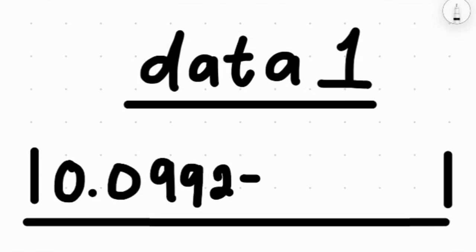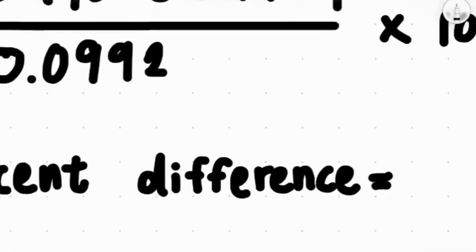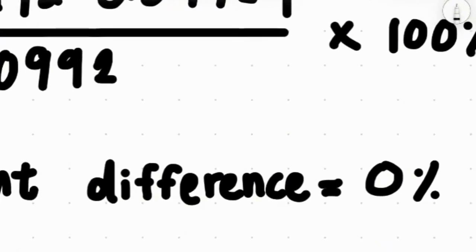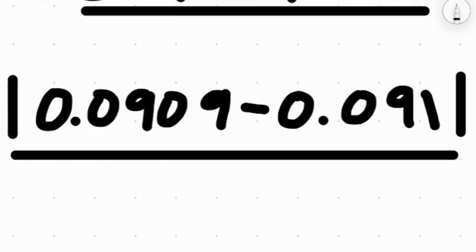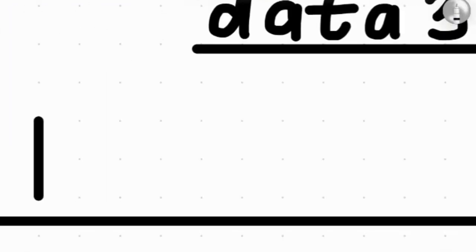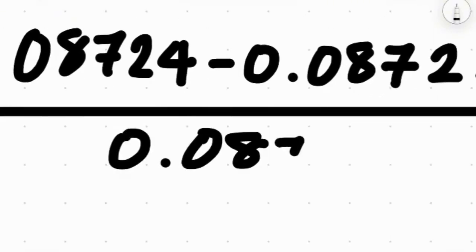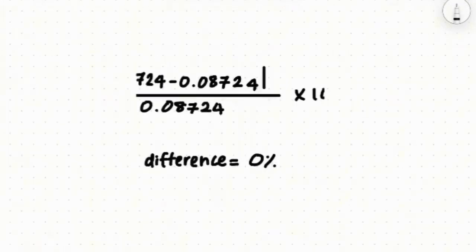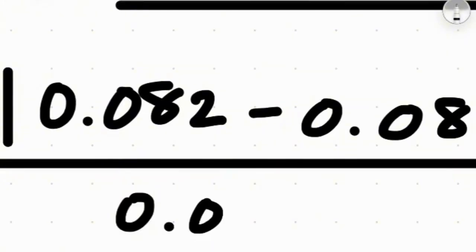To find the percent difference, we are using the formula experimental value minus theoretical value, divided by theoretical value, times 100%. Data 2, 3, and 4 will be calculated using the same formula. The higher the percent difference, the higher the number of errors that have happened during the experiment.